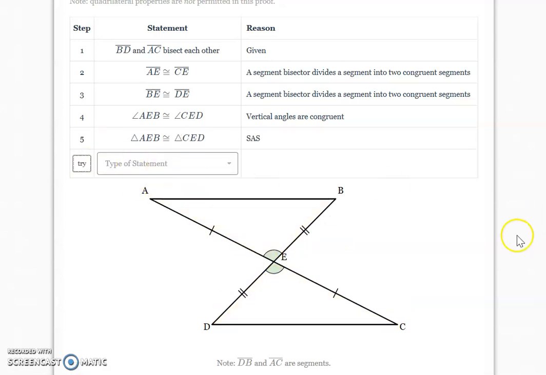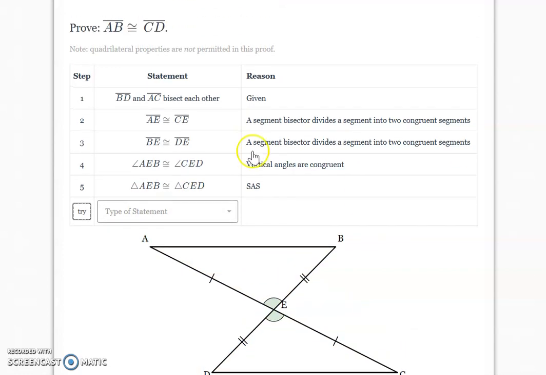So let's apply that. Now that we know that these two triangles are congruent to each other, that means the three parts that we didn't know before, we now know. So we know that AB is congruent to CD, which is what our proof statement is right here.